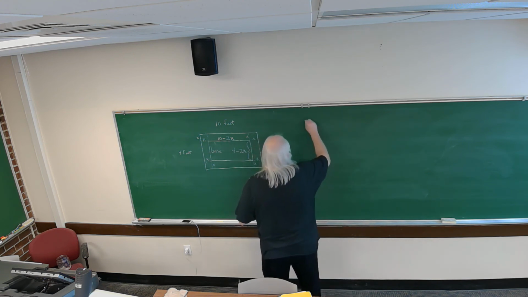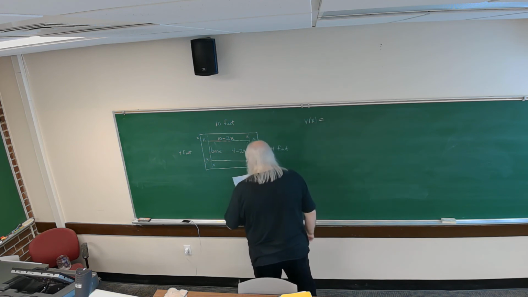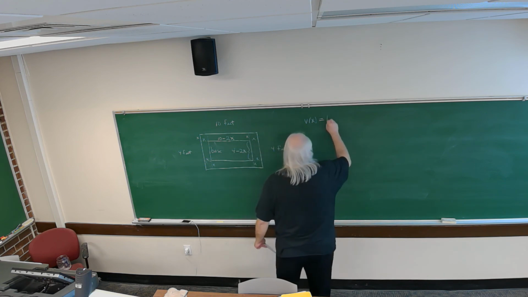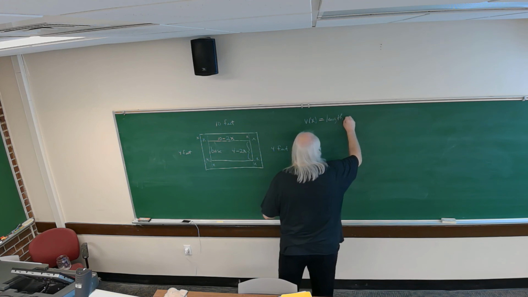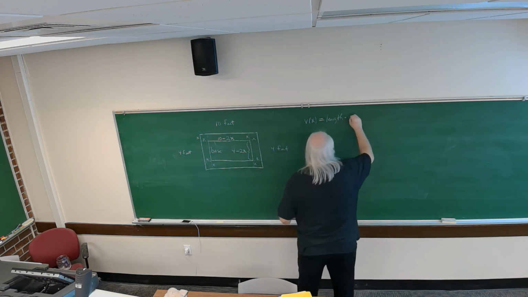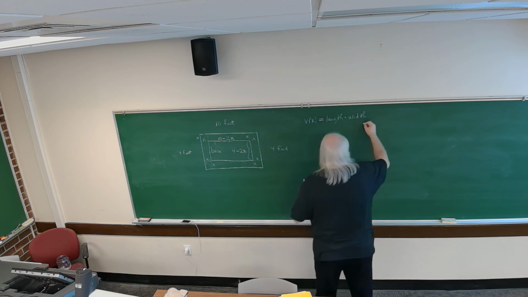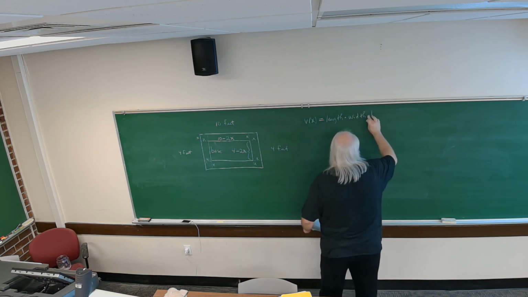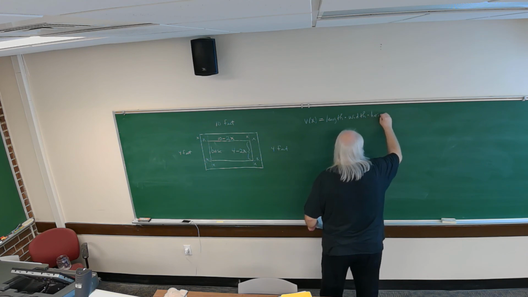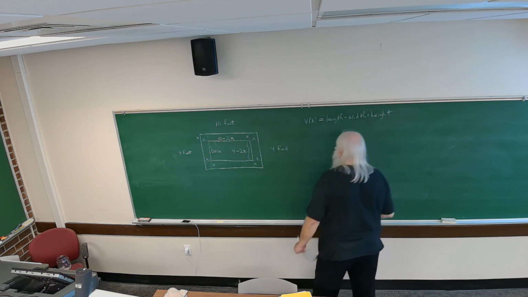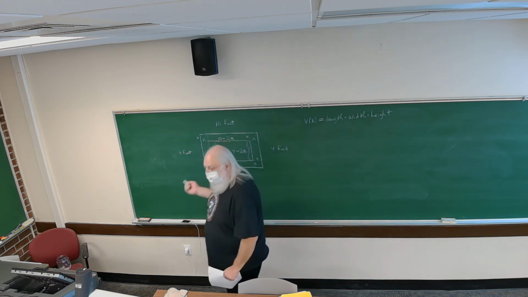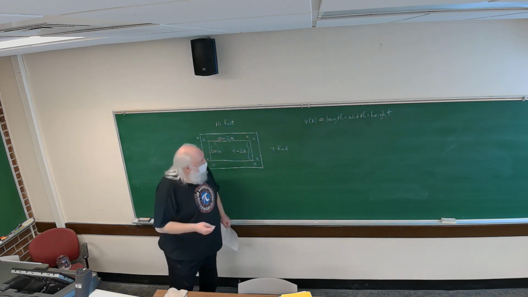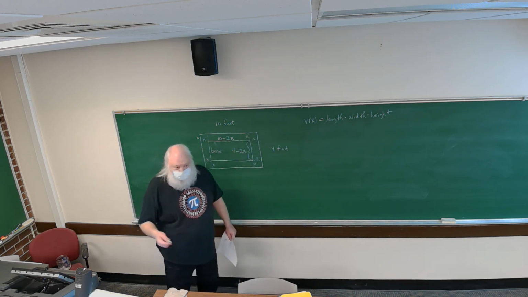Volume, V of x, is equal to length times width times height. Area is length times width, but volume is length times width times height.